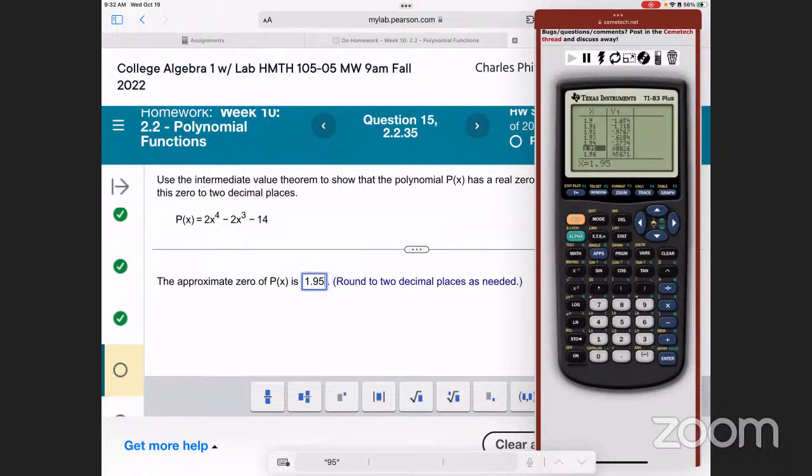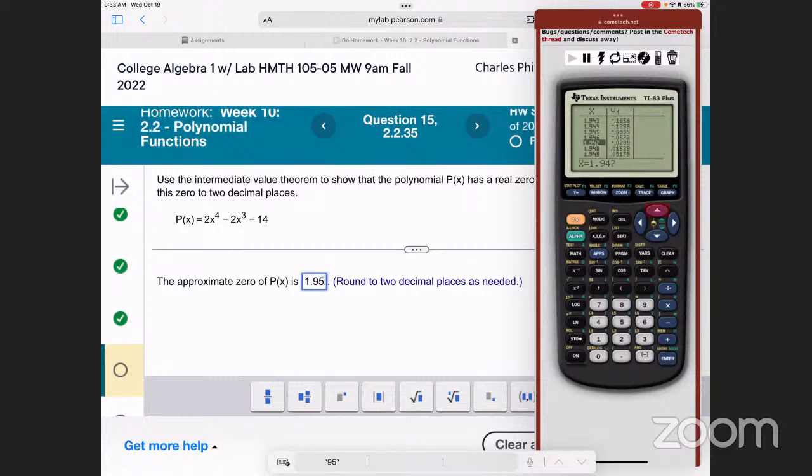I want the table to start at 1.94 and change by 0.001. Now when I go back and look at my table, we should get a sign change again. Basically I just keep zooming in and in until I get my desired result.